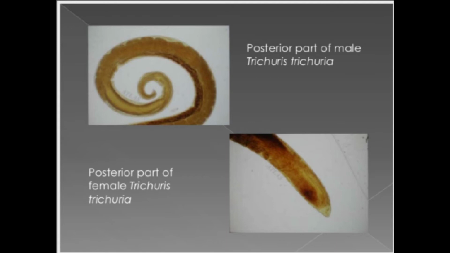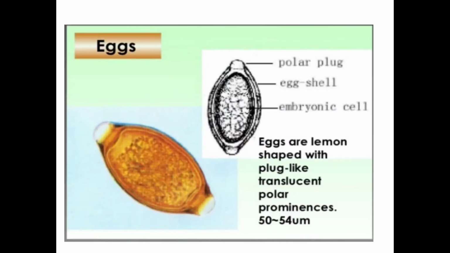We can see in the figure that the male is coiled, and the female is more gamma-shaped. The eggs of this parasite are lemon-shaped with plug-like translucent polar prominences, 50 to 54 micrometers.